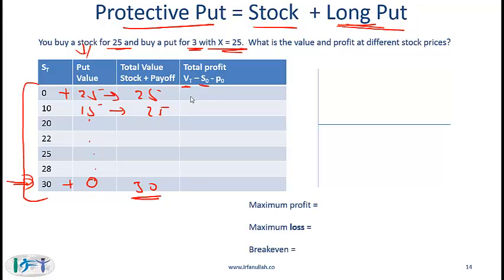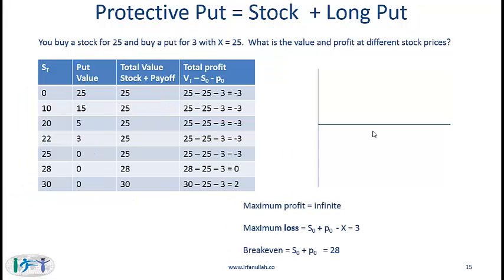Now calculate all these numbers, come up with the maximum profit, maximum loss, break even, and then try to create this picture. Hopefully here is what you came up with.